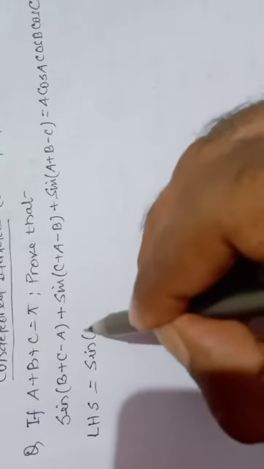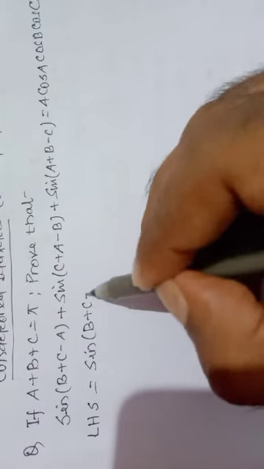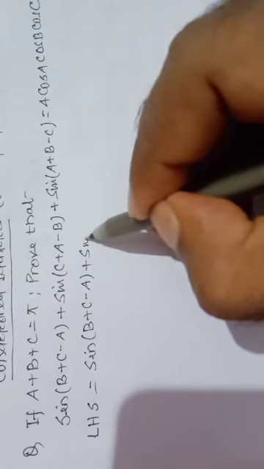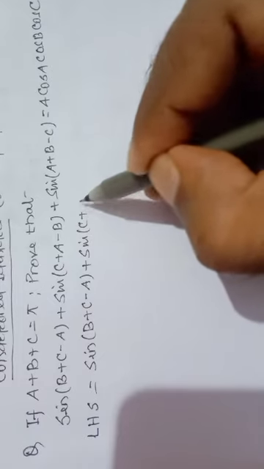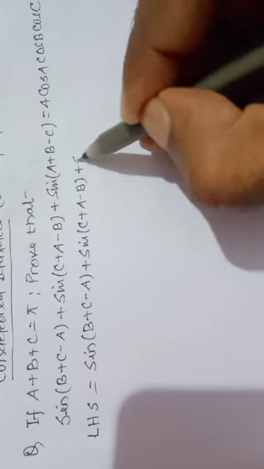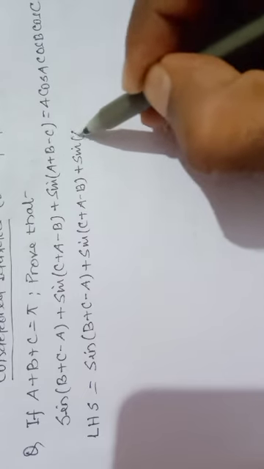So we start as usual from the left side. Your LHS is sin(B plus C minus A) plus sin(C plus A minus B) plus sin(A plus B minus C).